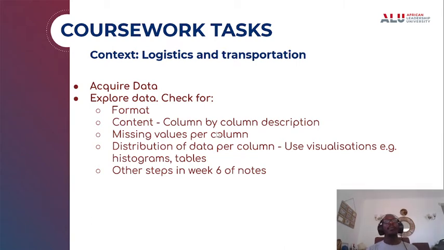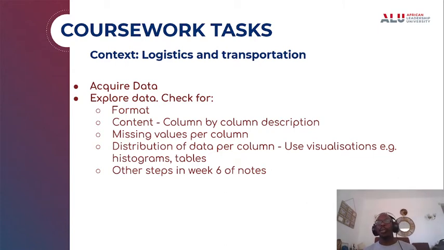So this is when you're exploring data. You want to check the number of missing values in every column. So this column has 50 missing values, this one 30. At this point, you're just making observations, and we'll deal with these later. You want to check the distribution of data in every column. So if there are ages of people, or the age of the transportation, the plane or the train, you want to check the distribution.